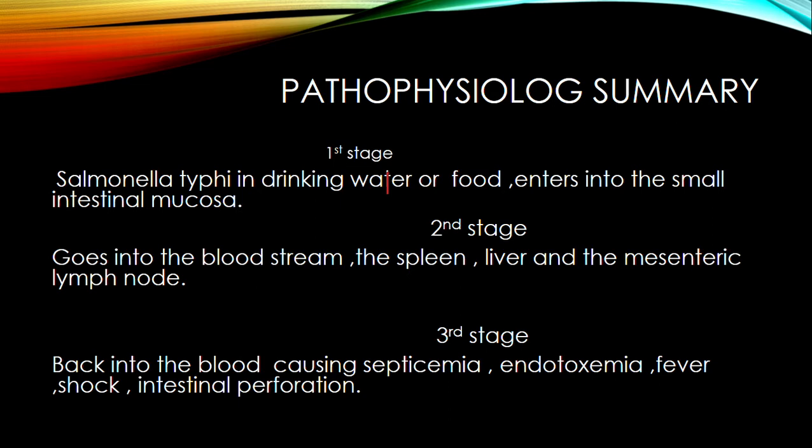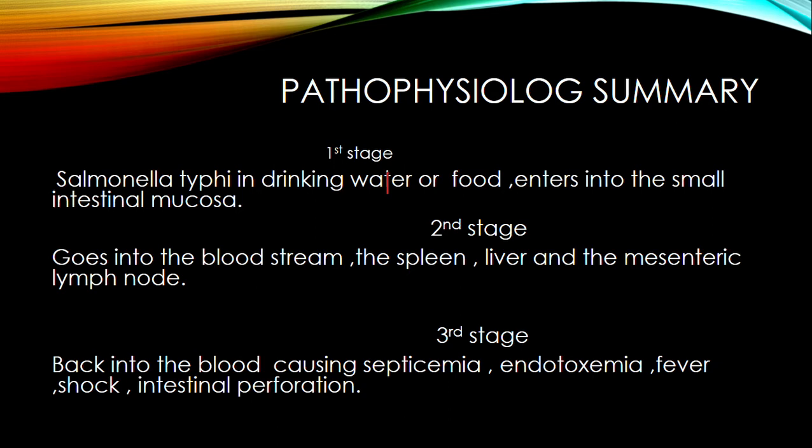From there, in the second stage, the bacteria will enter into the bloodstream through the systemic circulation and go to different parts of the body, such as the spleen, the liver, the mesenteric lymph nodes, and other parts of the body.